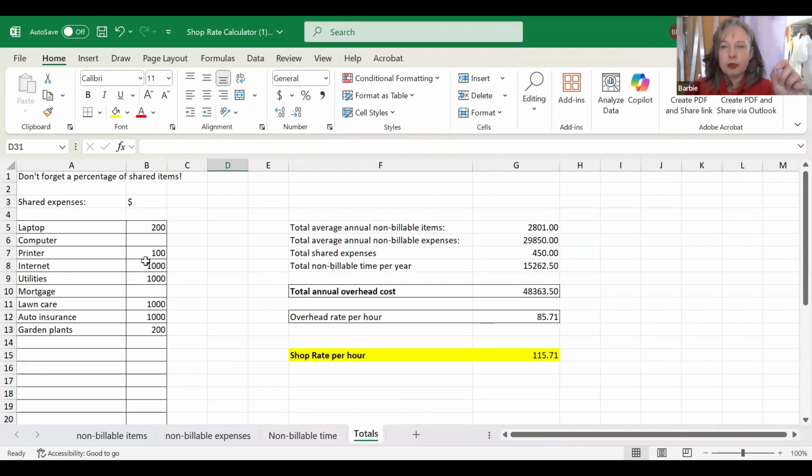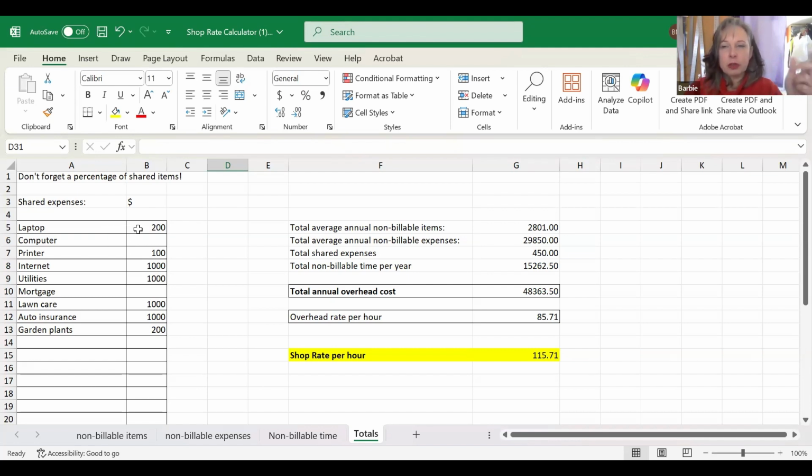For instance, if you use a corner of your living room for your sewing stuff, because it's a part of another room, you're not allowed to tax deduct it. Okay. But that doesn't mean you cannot include it in your overhead.